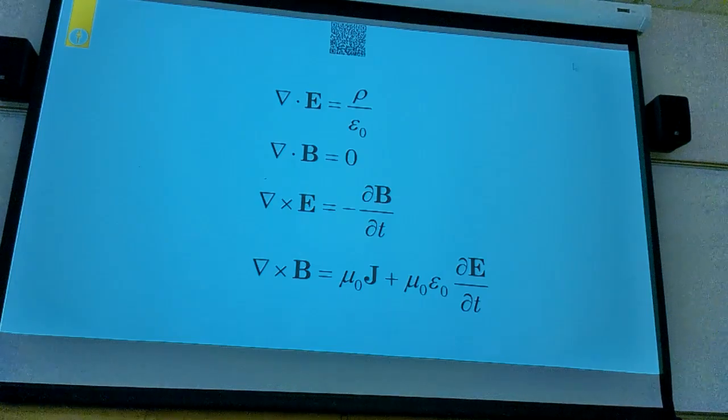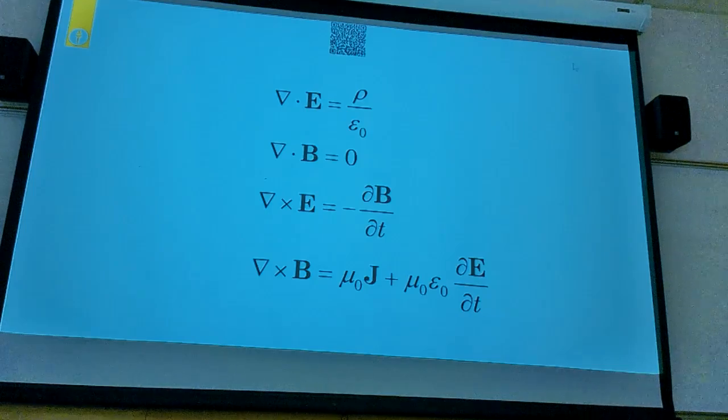Let's see, tell me what each of those are. So E is the electric field, obviously.